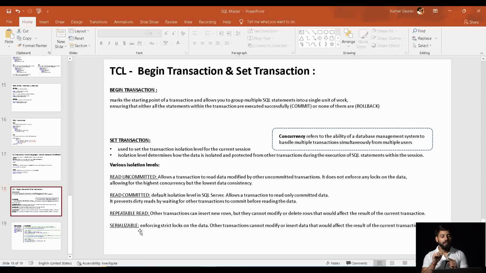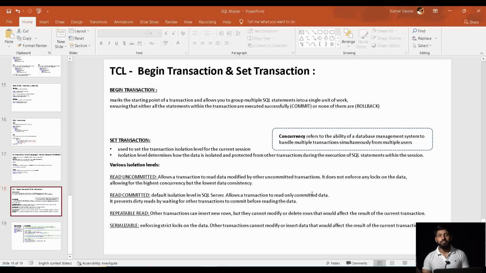If it is read committed, then it's the default isolation level in SQL Server, which allows a transaction to read only committed data. So when user 1 defines that this particular transaction will go with read committed, it is telling that the rule applied will allow a transaction to read only committed data.